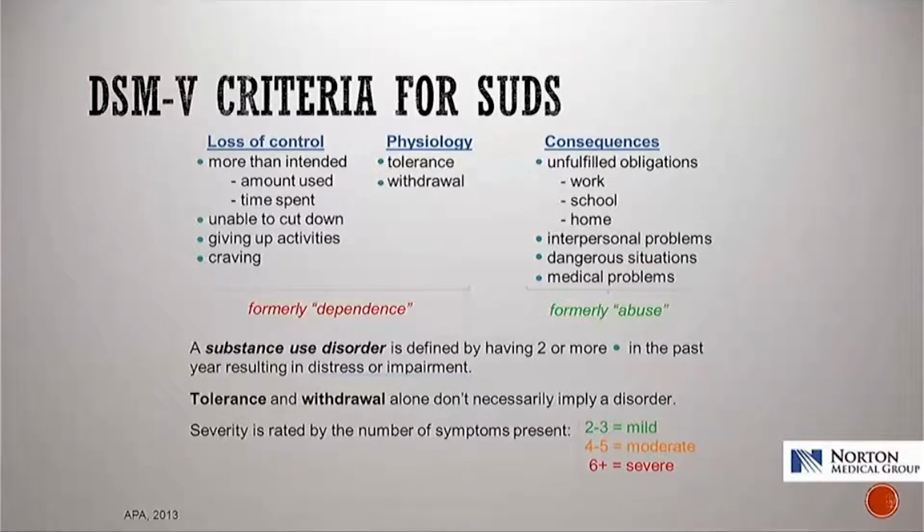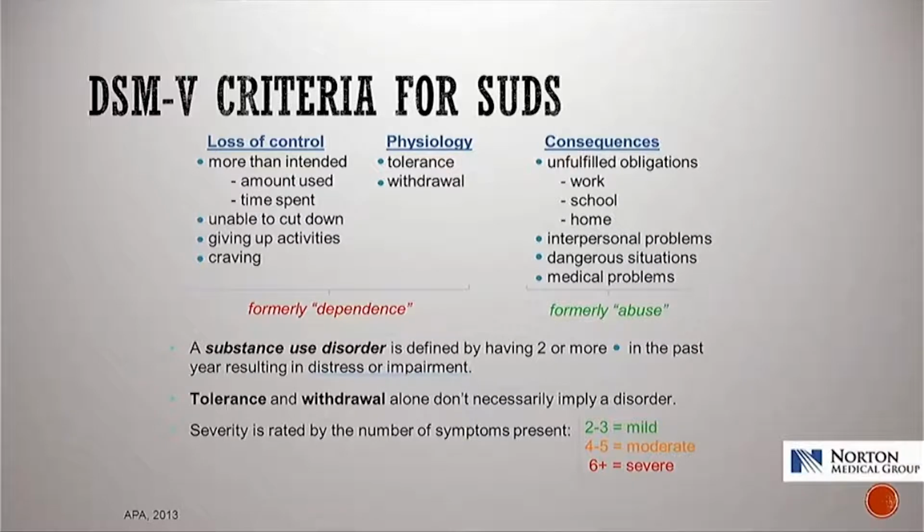So what I would like you to understand in terms of the transition from the DSM-IV to 5, from dependence and abuse to mild, moderate, and severe, is that tolerance and withdrawal alone don't necessarily imply a substance use disorder.